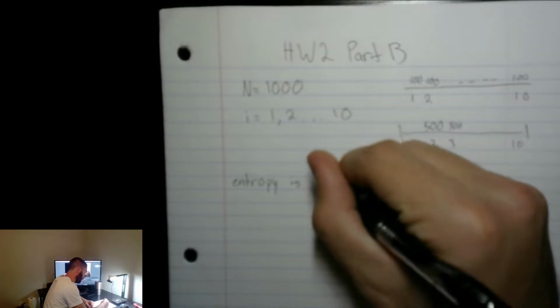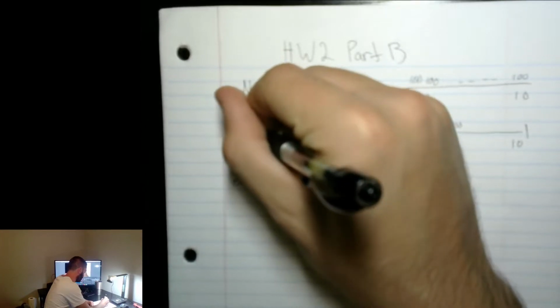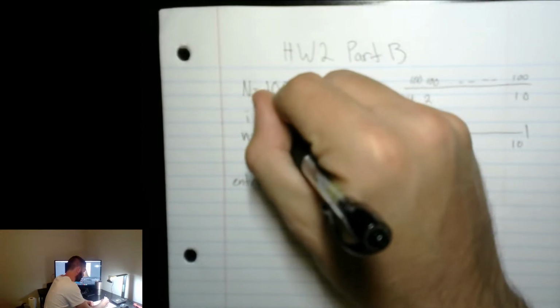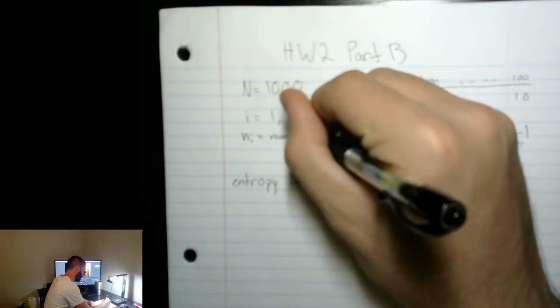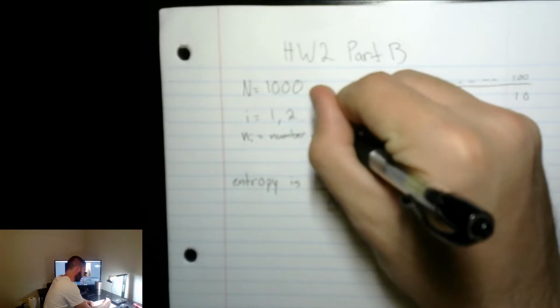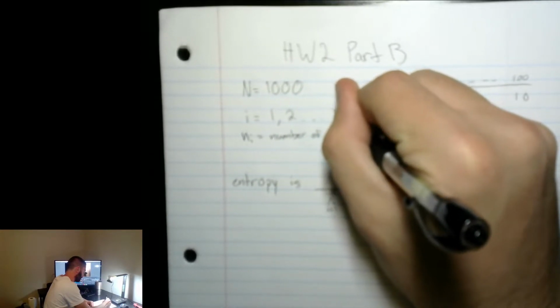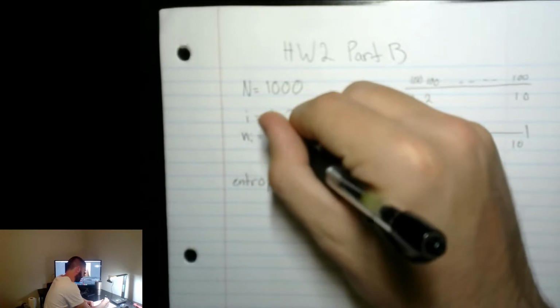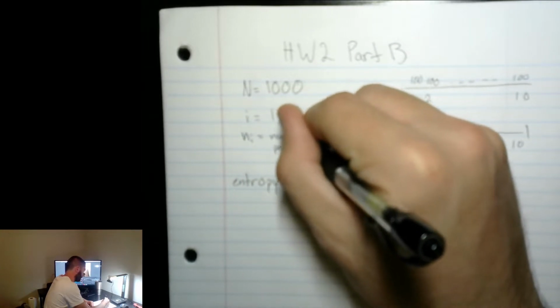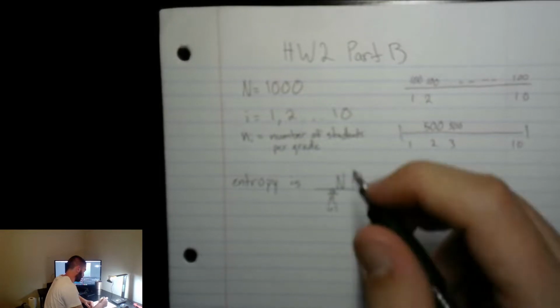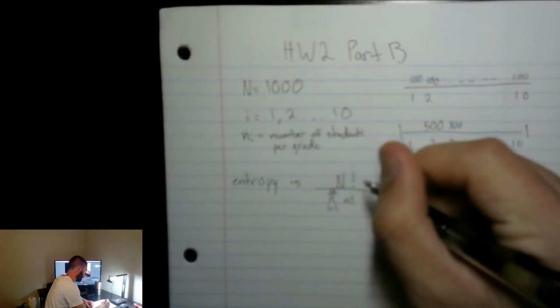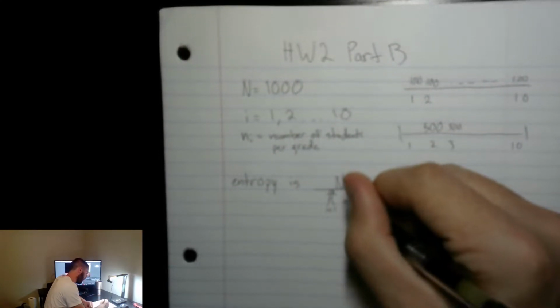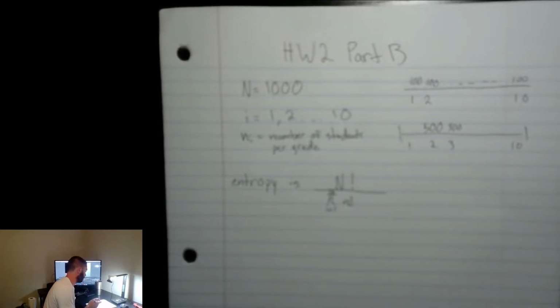We'll start at 1 and run through all your groups, and we have 10 groups. Then we'll call Ni the number of students per grade. So it's the product of Ni factorial from i starting at 1 to our max, which in this case is 10.